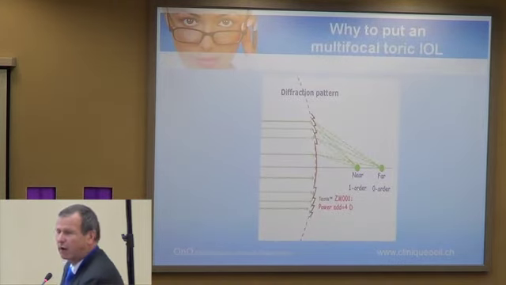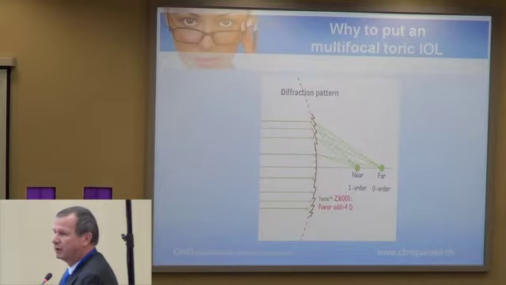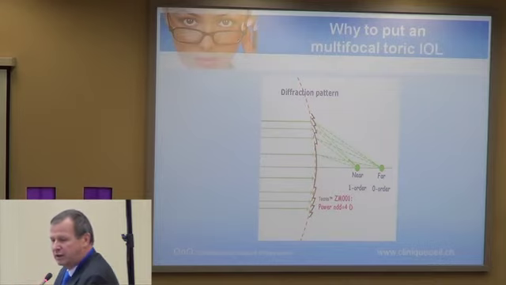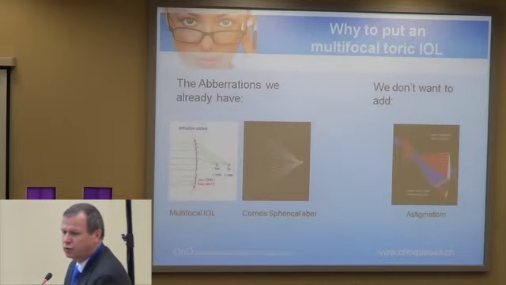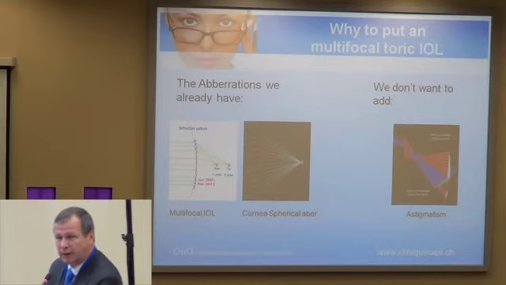Now when you have a multifocal, which is not correct to say, it's a bifocal, and now we have a trifocal, you have to have a near and a far focus very sharp. So if you want to have this sharp focus in bifocal lenses, you have to correct the spherical aberration, and you have to correct all the astigmatism.